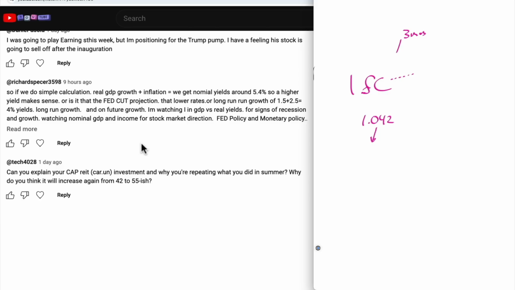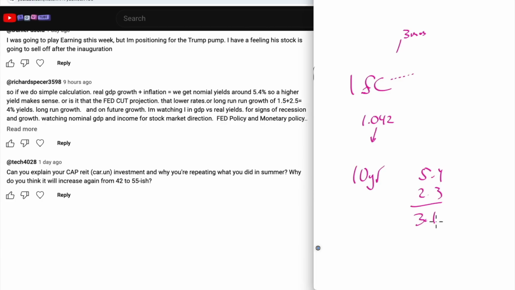Do a simple calculation. Real GDP growth plus inflation. We get nominal yields around 5.4. Nominal yields on what? I imagine you must mean the 10-year. For inflation, you've got to look at the 10-year inflation break-even, and we're sitting around 2.3 right now.